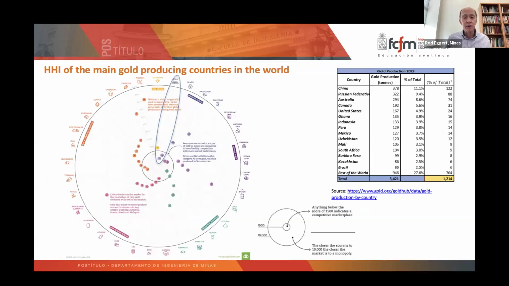In terms of understanding the market structure, what we really want are the market shares of the entities that control and make decisions about production and investment.